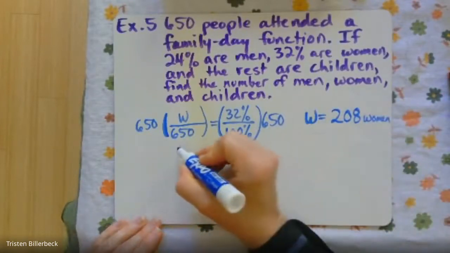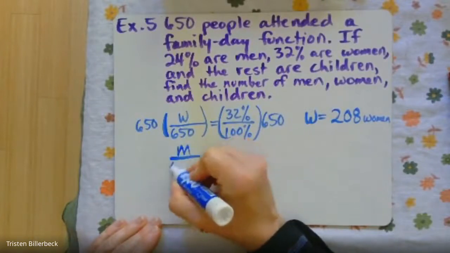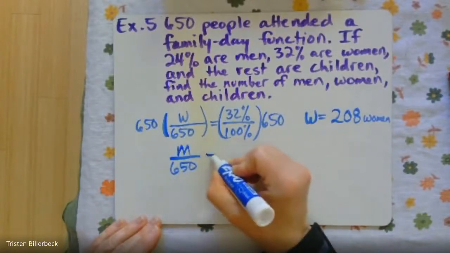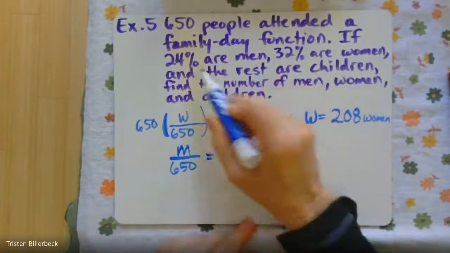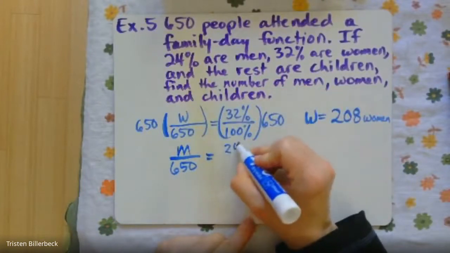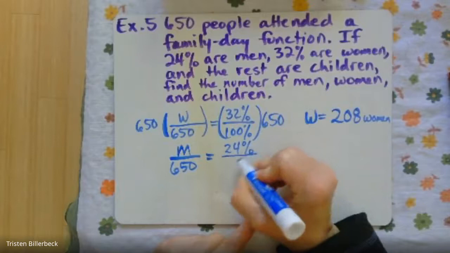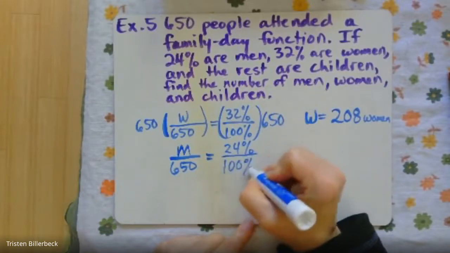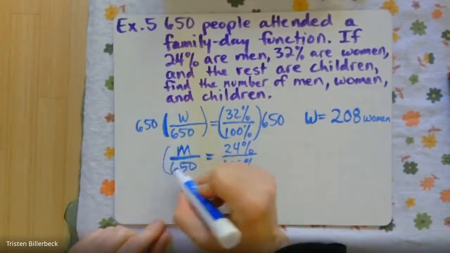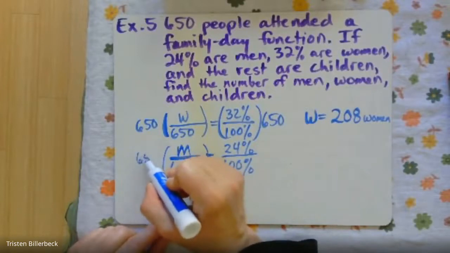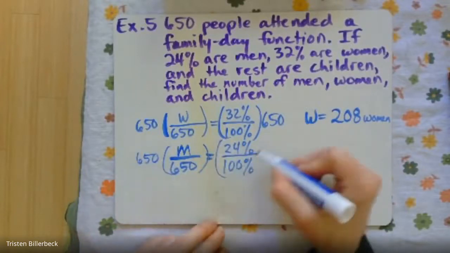Okay, so men out of 650 people, and men are 24%. So we want to keep our 24% in the same column. So we do the same thing, multiply by 650 on both sides.